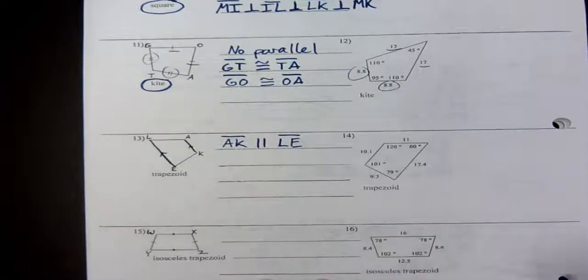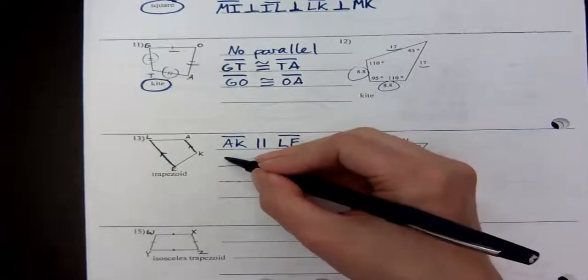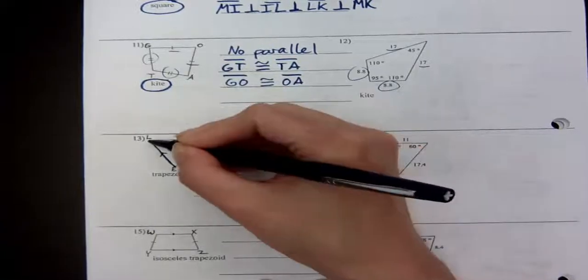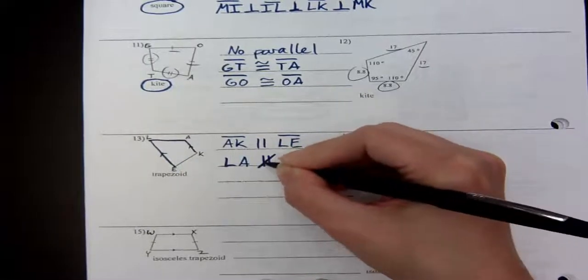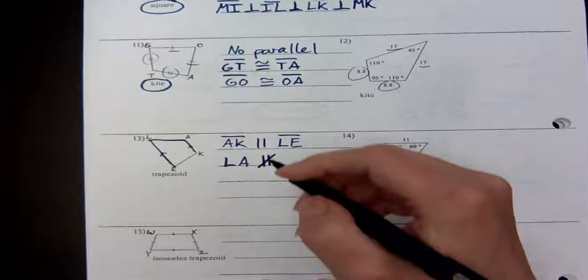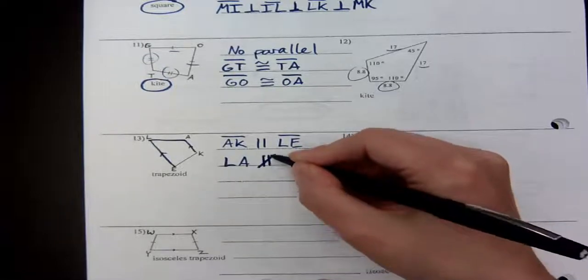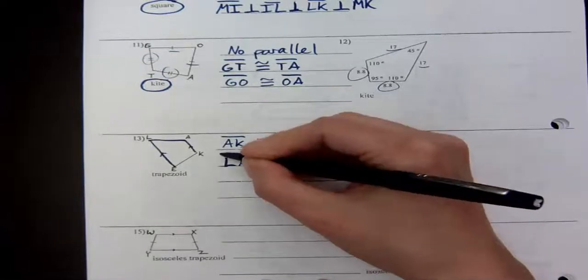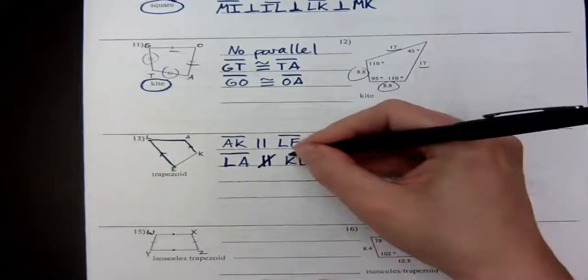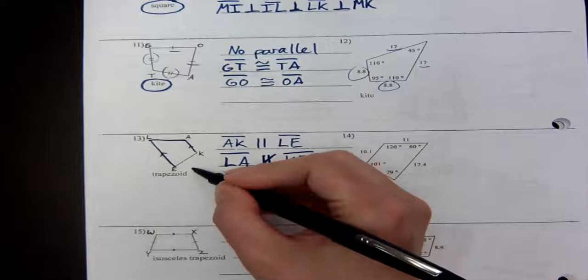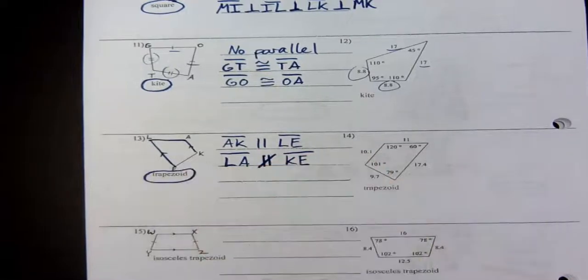And to differentiate it from a parallelogram, we're going to state that the other two sides, so LA, is not parallel. Not parallel means we take the two sides, make a parallel sign, and cross it out. So LA is not parallel to KE. So to show that it's a trapezoid, you have to show one side parallel, one side not parallel.